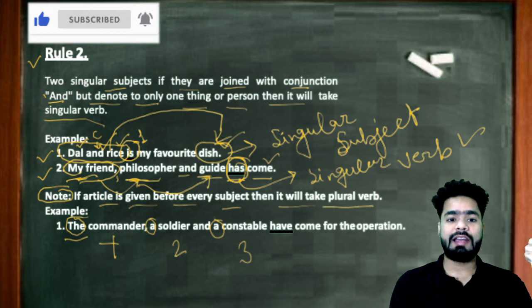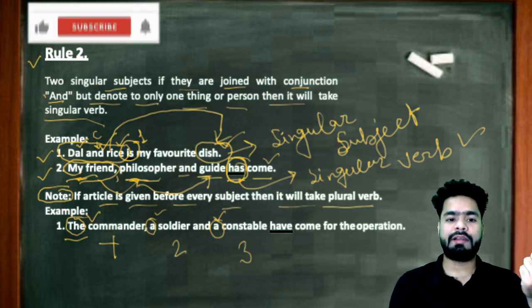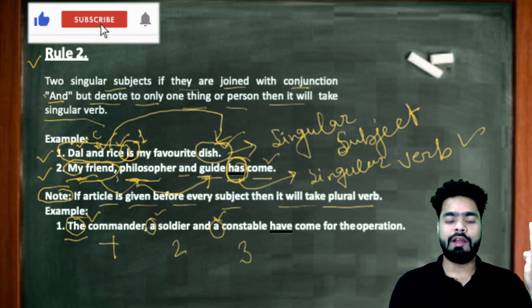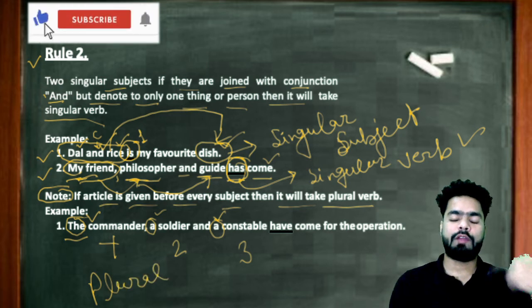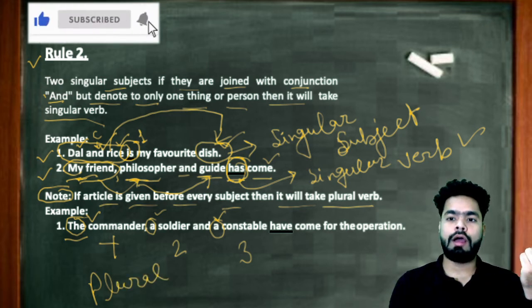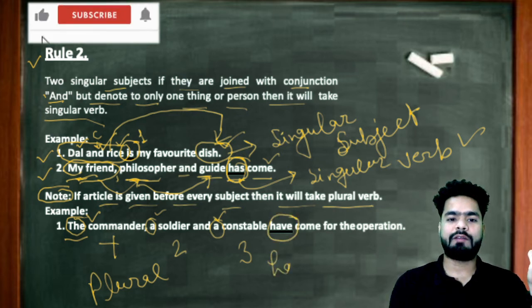Because an article is given over here, we count them as separate persons. Because we have three separate people, our subject becomes plural, and when the subject is plural, we have to use a plural verb, that is have over here.